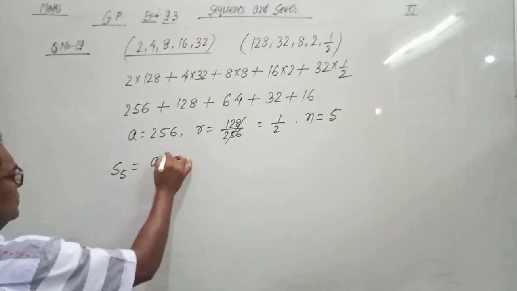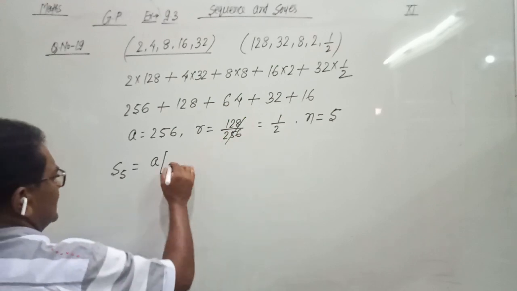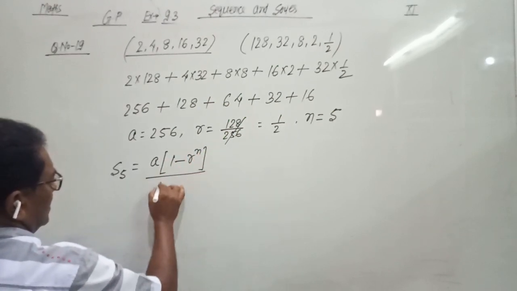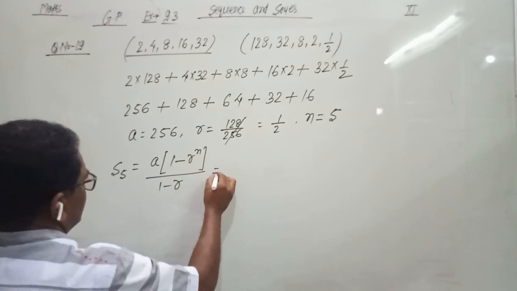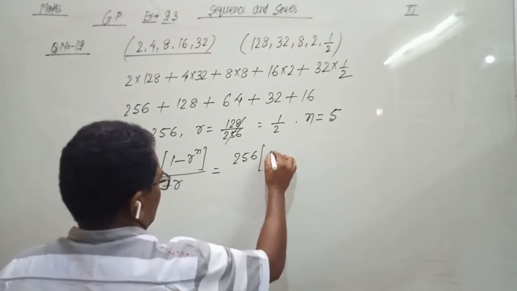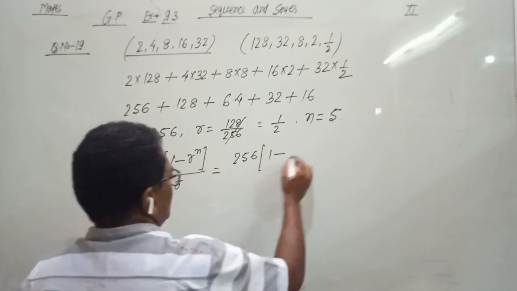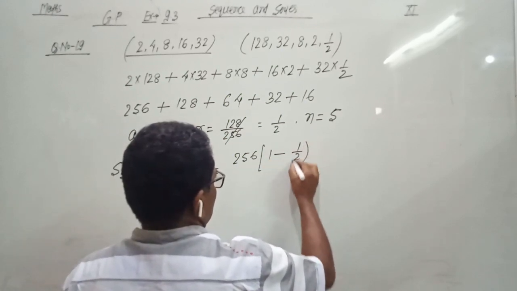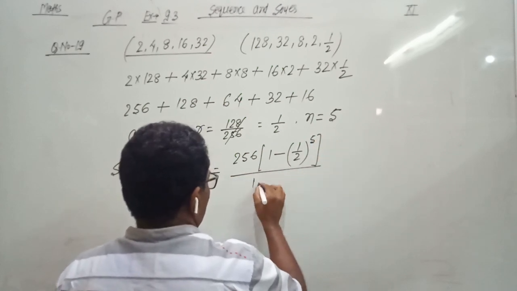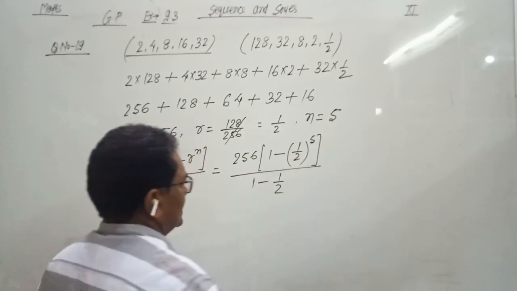R is less than 1, so the formula is A into 1 minus R raised to the power n upon 1 minus R. The value of A is 256, 1 minus 1 by 2 raised to the power 5, upon 1 minus 1 by 2.